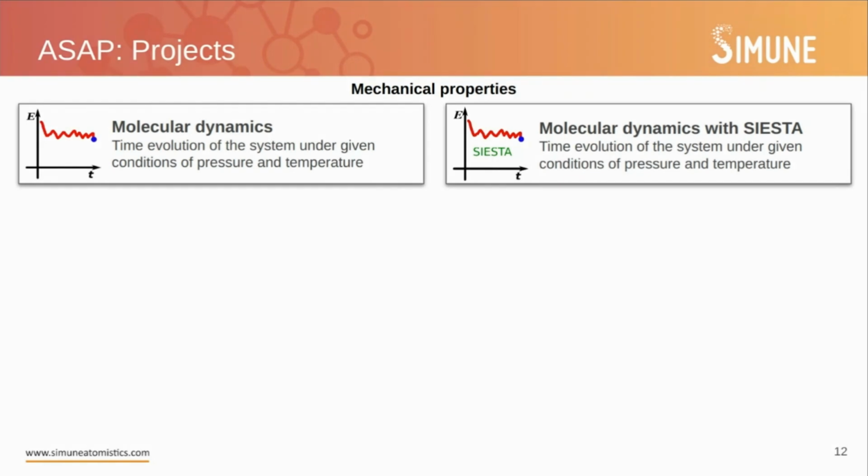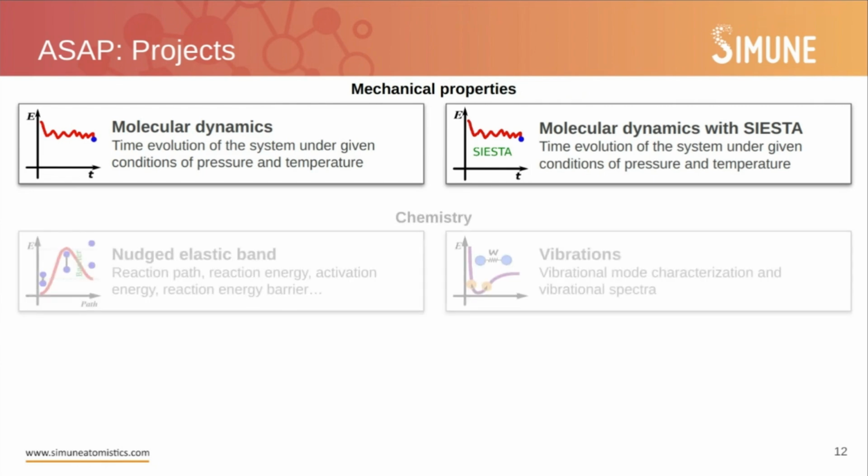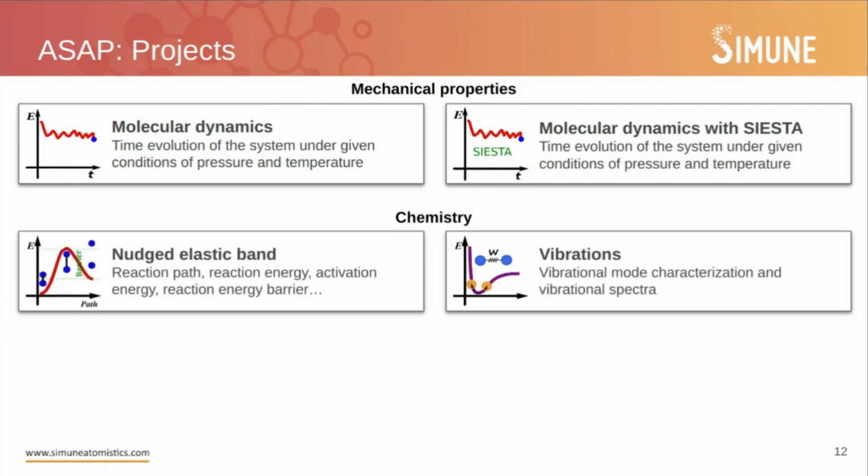The other is more general, so it works for any kind of solver or calculator that you selected. Then we have two projects, nudged elastic band and vibrations. With nudged elastic band, it's possible to get information about reaction path, reaction energy, and activation energy, so basically to characterize chemical reactions. And we also have a project to extract the vibrational modes of the system.